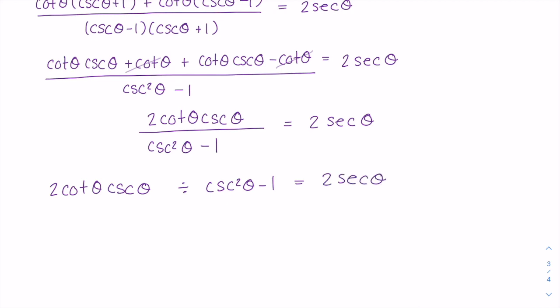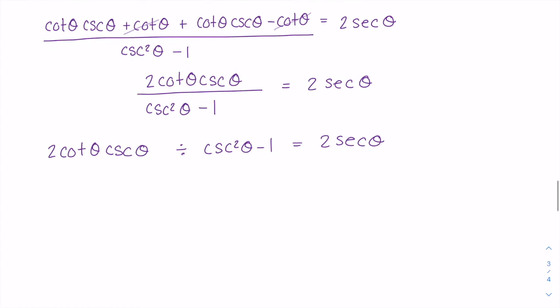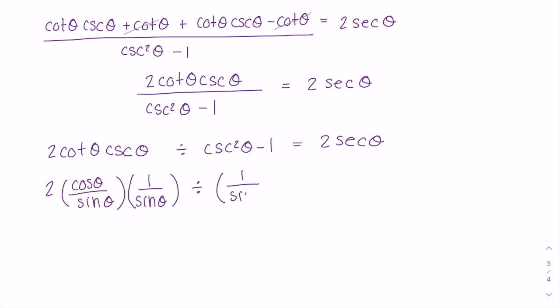So now let's put in our reciprocal ratios. So we'll have 2 times cosine theta over sine theta multiplied by 1 over sine theta. And all of that is divided by my cosecant squared, which is 1 over sine squared theta, minus 1, and we're still trying to make that equal to 2 secant theta. Now we are going to make common denominators here to simplify this before we do the division.